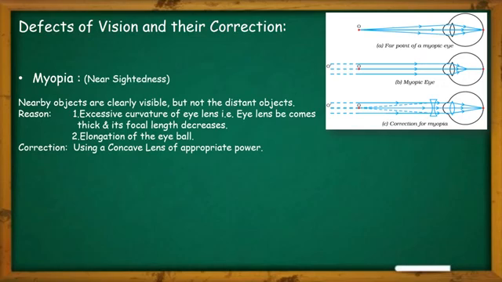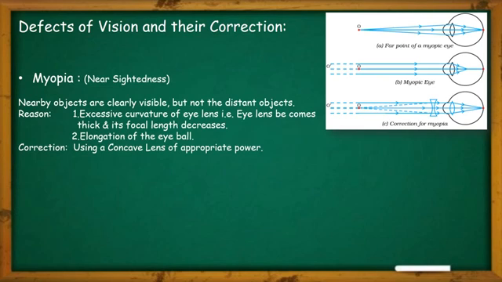Another cause for which this defect arises is elongation of the eyeball. If elongation of the eyeball happens, then all these light rays are also focused at a point somewhere in the vitreous humor, and are not properly focusing on the retina.